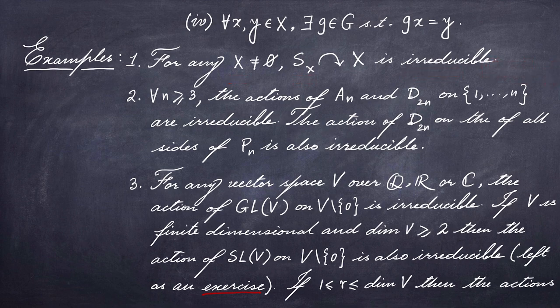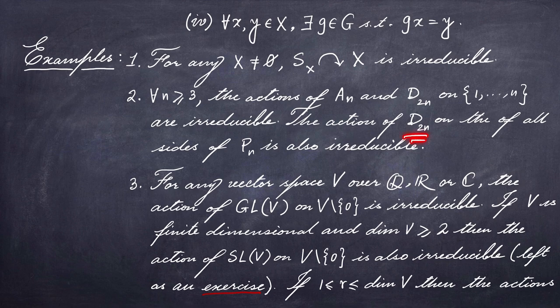So now let's talk about the restrictions of the previous action to these important subgroups, that is the action of A_n and D_2n on this set. It's also easy to see that they are irreducible, and the action of D_2n on the set of all sides of P_n is also irreducible.